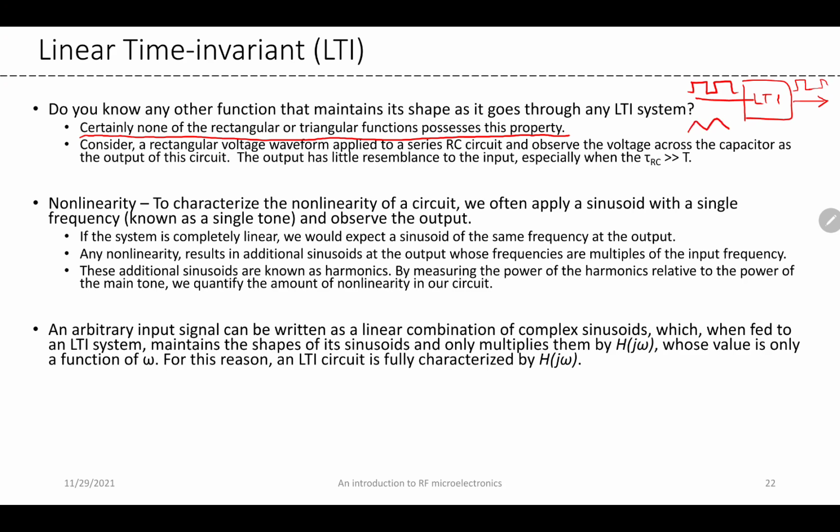Similarly, for a triangular waveform, it may or may not provide you with a triangular waveform at the output. So these signals don't go through an LTI system unchanged. Certainly you can't use these signals to characterize such systems, so these types of signals cannot be used to define LTI systems.